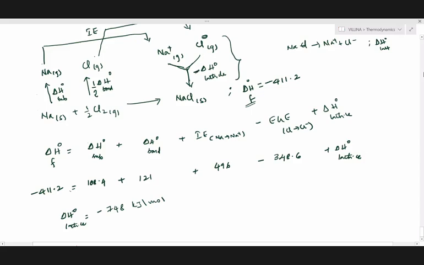Whatever value you got is correct, but since we are doing the opposite, take the symbol as negative. This will avoid confusion. Finally you will get plus 788. The lattice enthalpy of NaCl is 788 kilojoules per mole.